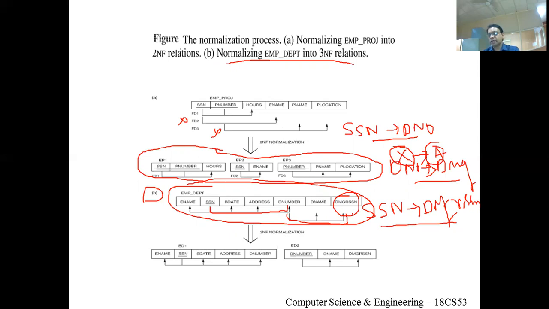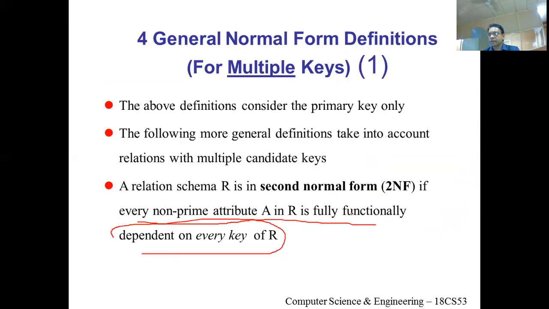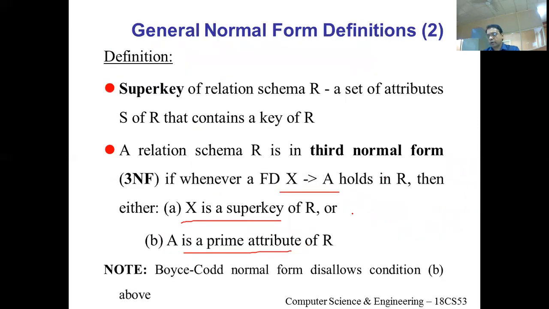So obviously it is a transitive dependency, and this definition also holds good. In order to explain this definition, let me consider one more relation. If we have a functional dependency X determines A, either X should be a super key or A should be a prime attribute, then we can say that the relation is in third normal form.